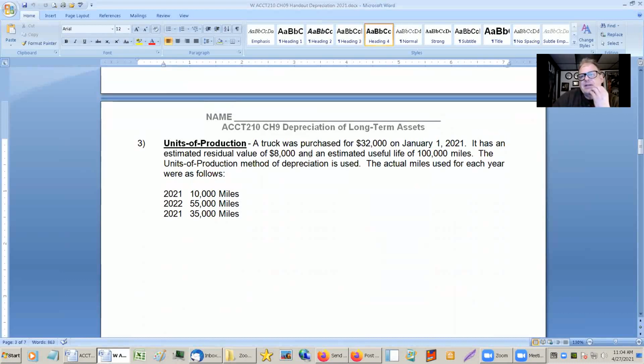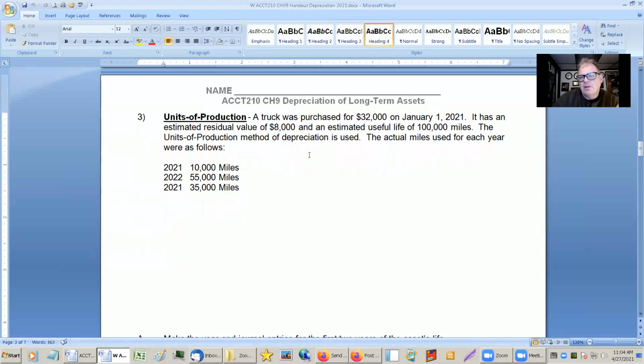It's similar in that it's based on the life of something, but the life isn't in years. For some things, like for instance this truck, the useful life is in miles.